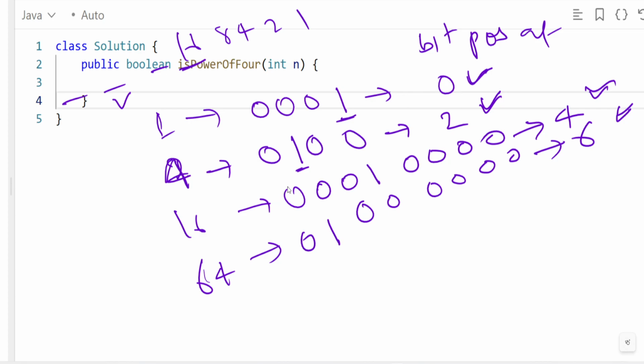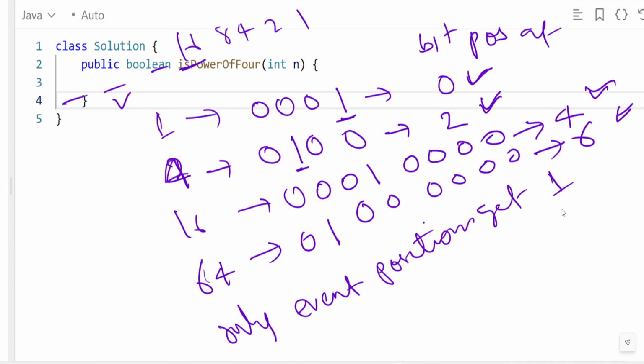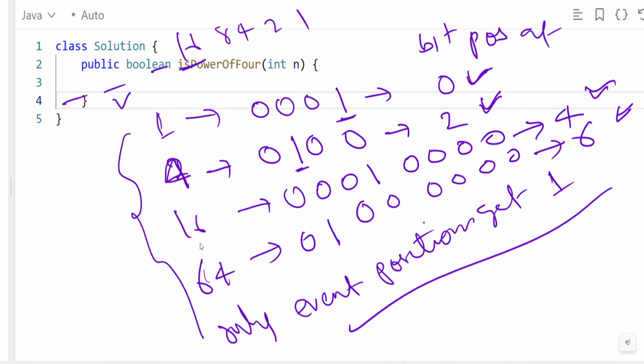This is the pattern: only even positions get 1. Can we say that? And that is why we are getting the power of 4.